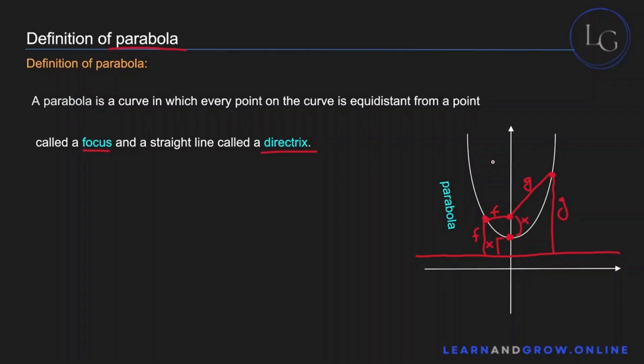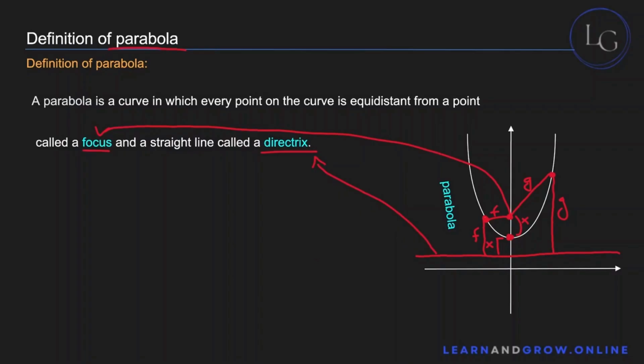Now this is what you call a complete geometric definition of a parabola. The point that you took is called the focus, and the line that you drew is called the directrix.